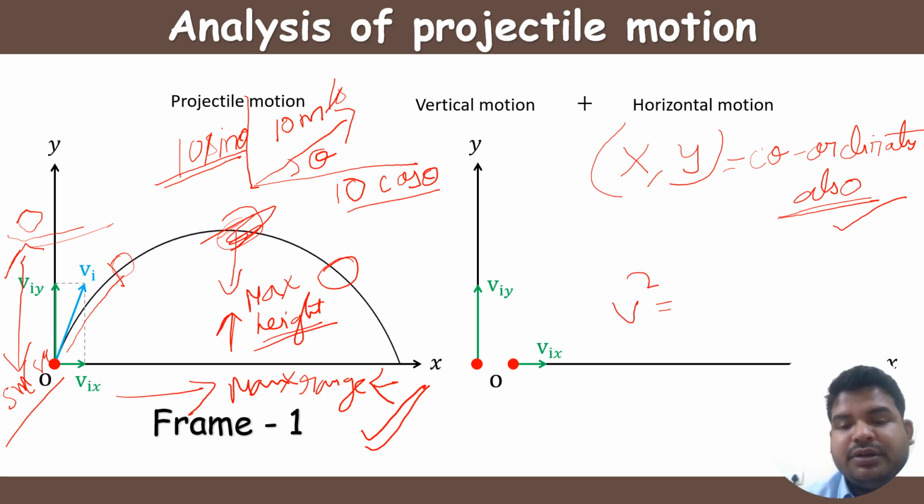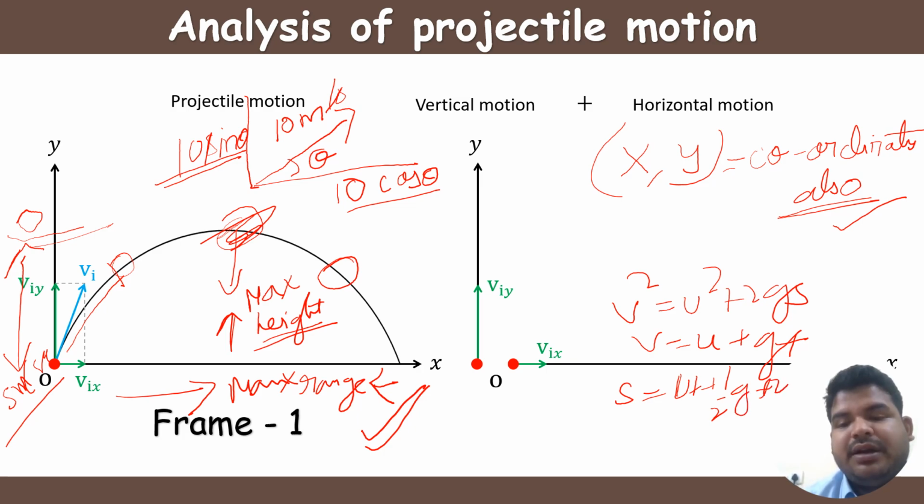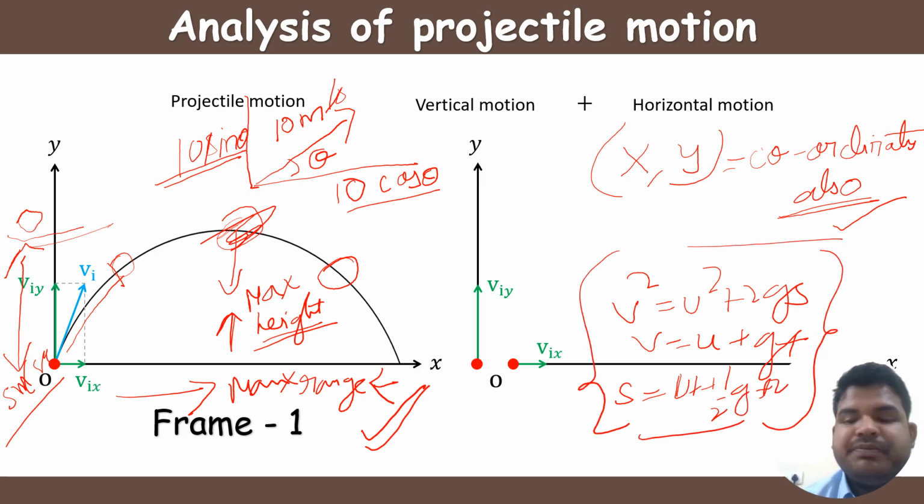V square is equal to u square plus 2gs, or V is equal to u plus gt, or s is equal to ut plus half gt square. By applying these formulas, you can easily get the maximum point. Time also you can easily get.